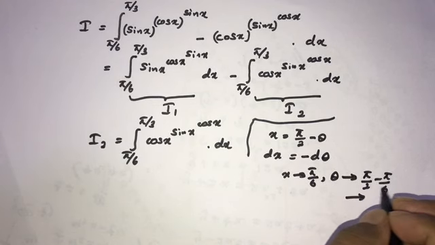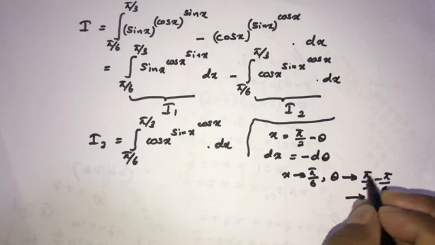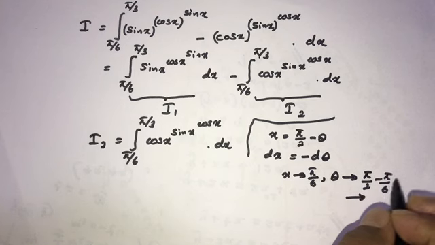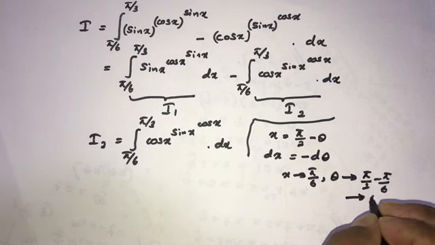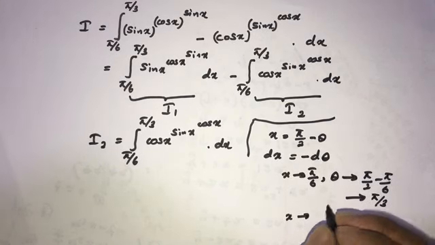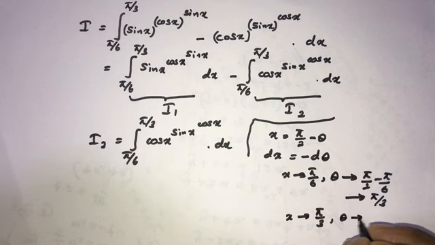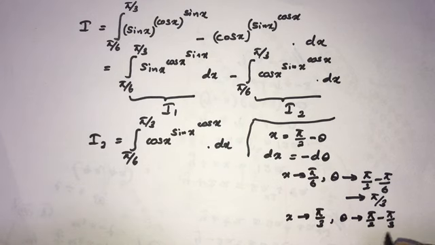So this is equal to, π/2 is 90 degrees and π/6 is 30 degrees, so π/3. Also when x approaches π/3, θ approaches π/2 minus π/3. So this is equal to π/6.